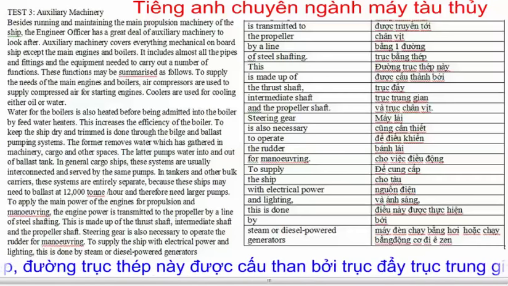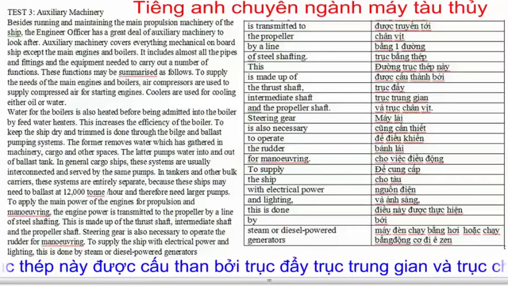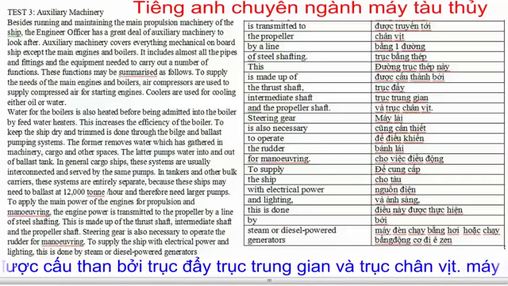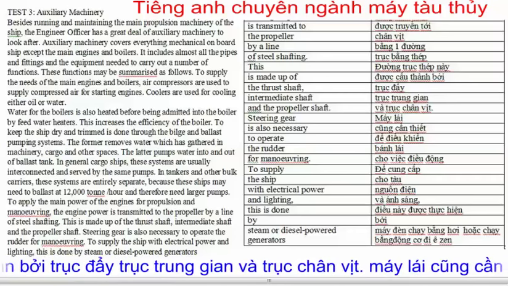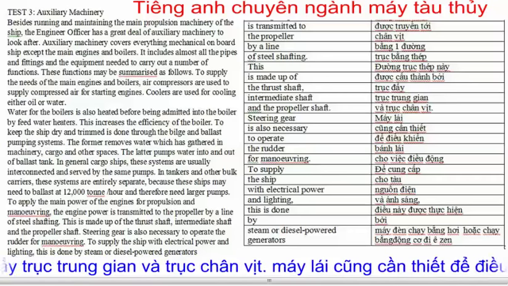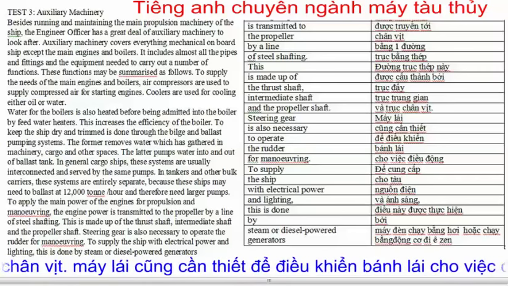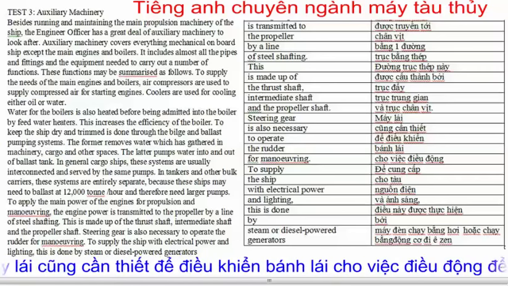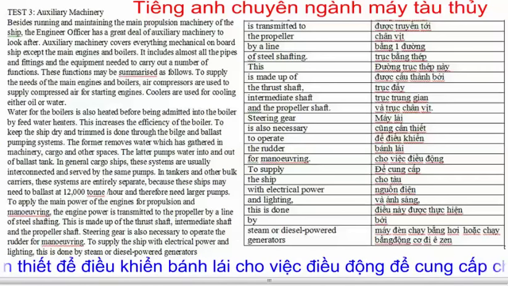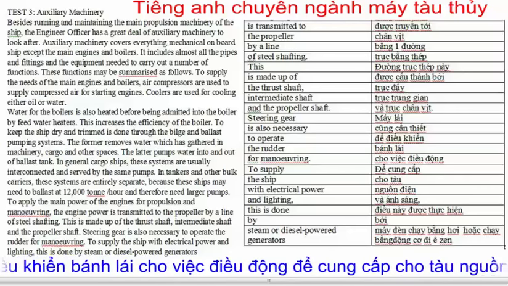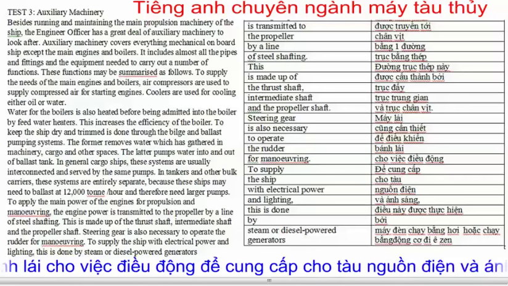This is made up of the thrust shaft, intermediate shaft, and the propeller shaft. Steering gear is also necessary to operate the rudder for maneuvering.